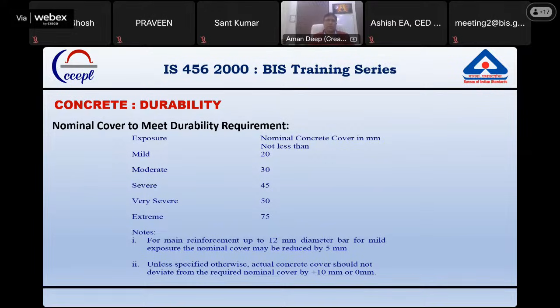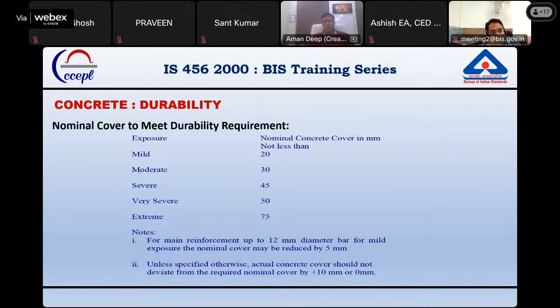But seeing the present conditions of the different structures, I suggest that we should not go for cover less than 20 mm.